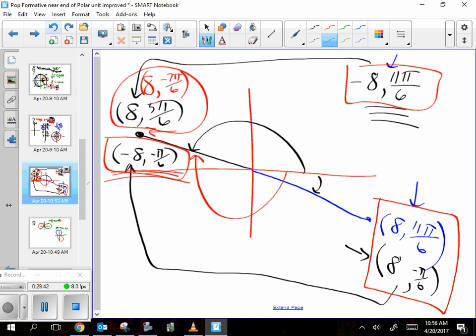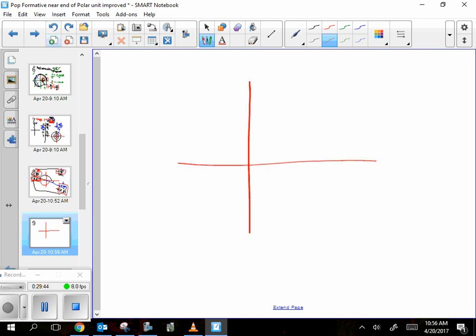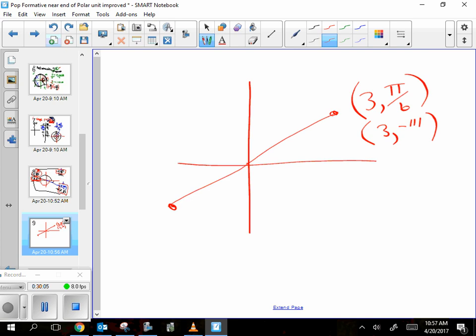So I like to think of it this way. If I've got a point here, there's always the shadow point over here. And if you just name these, let's say I call this 3 comma pi over 6. Then I can give two names for that point, 3 comma pi over 6 and 3 comma, use a negative angle, negative 11 pi over 6.